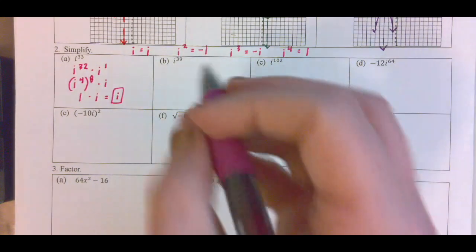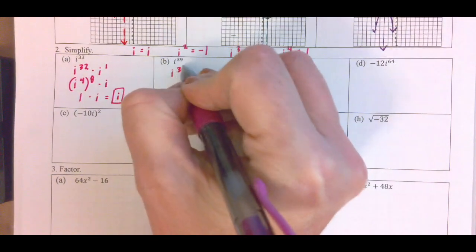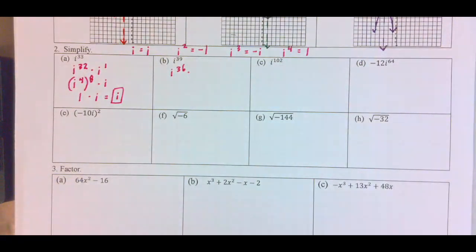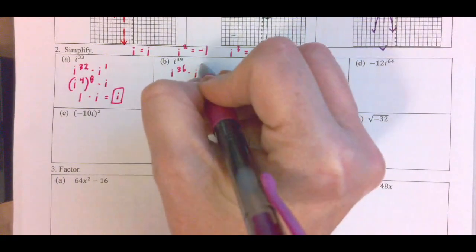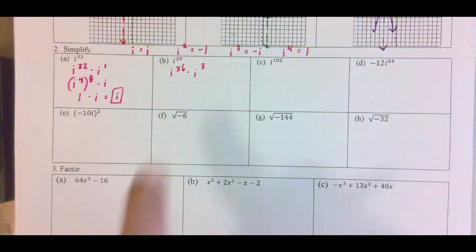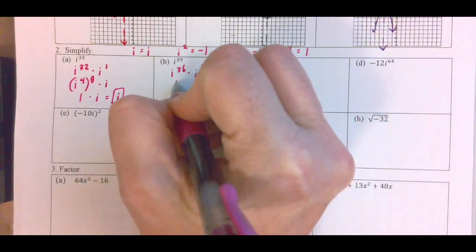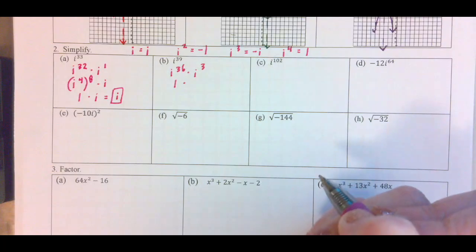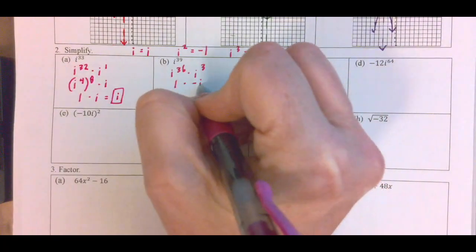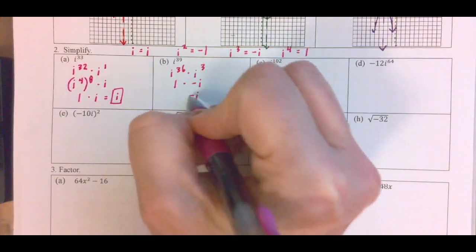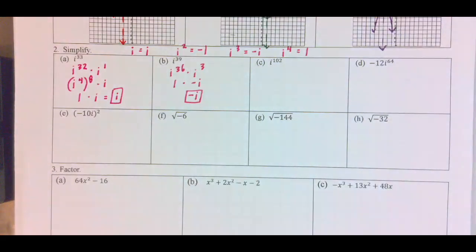Okay, i to the 36 is what I would build off of, times i to the third. Now i to the 36 is i to the fourth raised to the 9th power. So I know that this will simplify to be 1. Times i to the third, which is -i, leaves me with -i fully simplified.